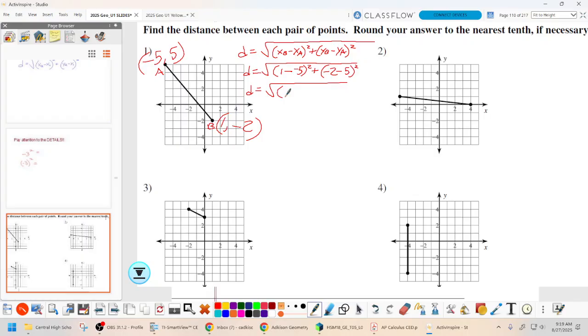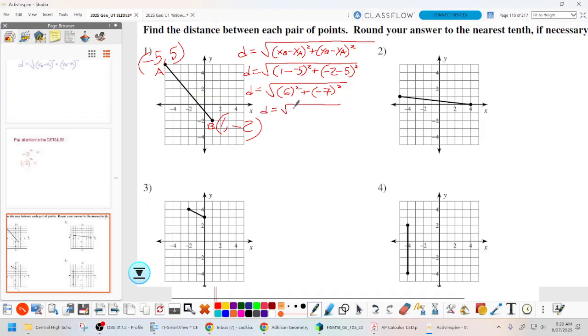Okay, again, calculator this if you're worried about messing it up. 1 minus negative 5 is 6. Leave it in parentheses. Over here, negative 2 minus 5, negative 7. Leave it in parentheses. And then type it into your calculator exactly how you're writing it. In other words, negative 7 in parentheses squared.